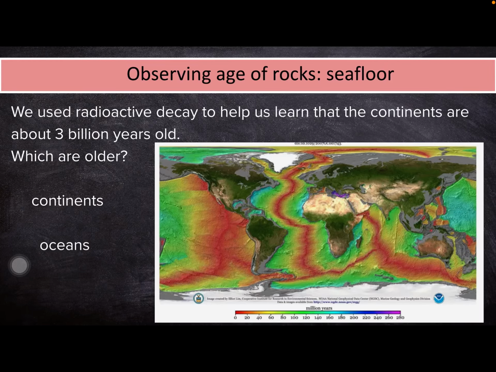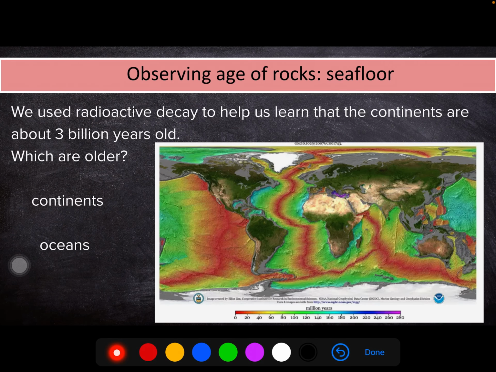For learning target 3, we're thinking about using that age evidence to figure out what's going on with the seafloor. So for starters, we just want to remind ourselves the differentiation between the age of the continents, the land, and the age of the oceans, the water, or the rock under the water.